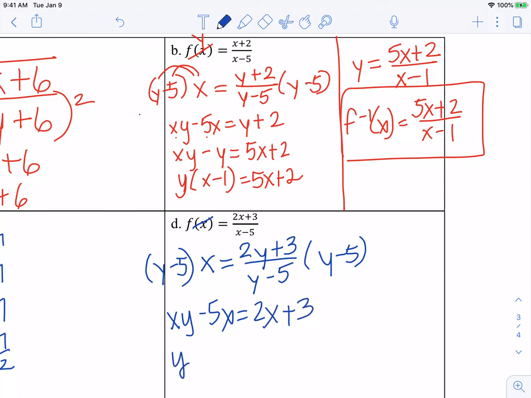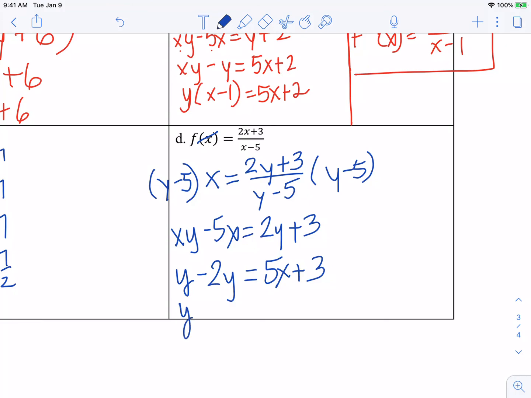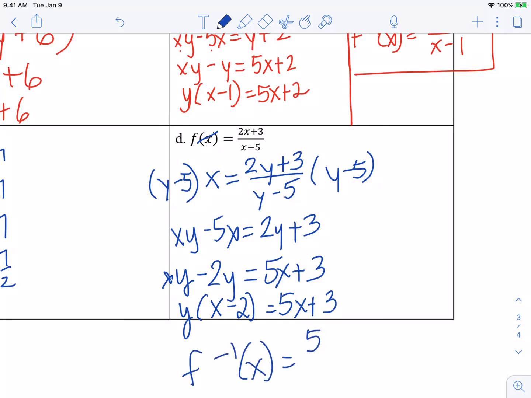Let's combine these first. So put the 2y over here, so minus 2y. Add the 5x. Factor out the y. So this is x minus 2. And then the inverse will be 5x plus 3 over x minus 2.